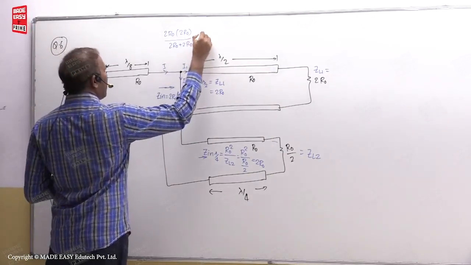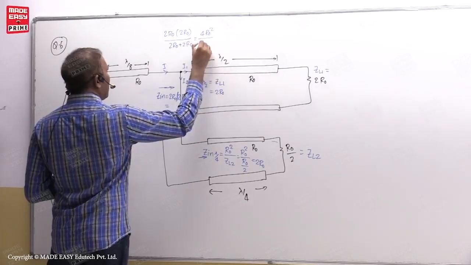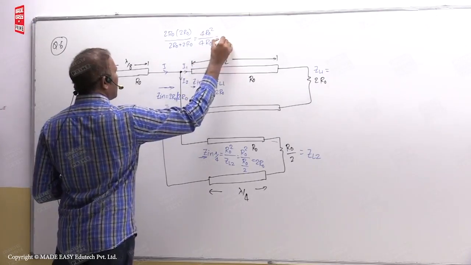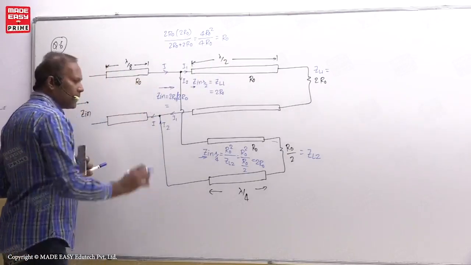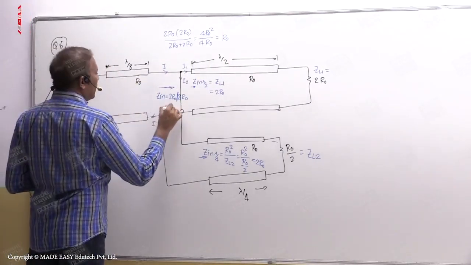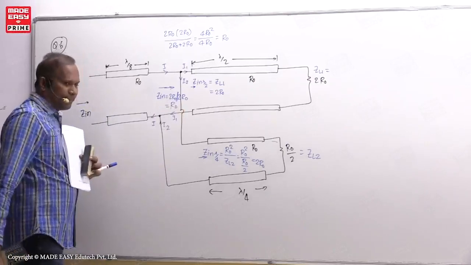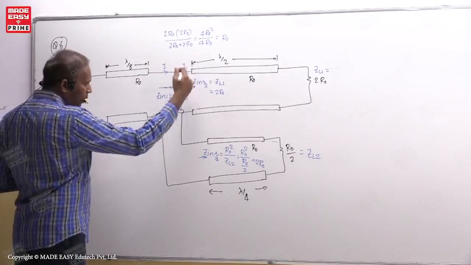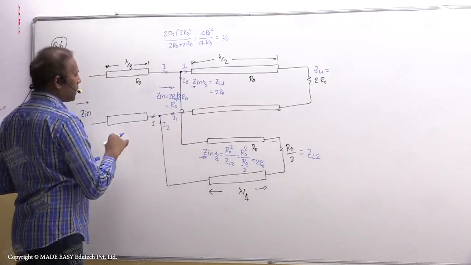So this is 4R0 square divided by 4R0, that becomes R0. So here the input impedance of both the transmission lines is R0.